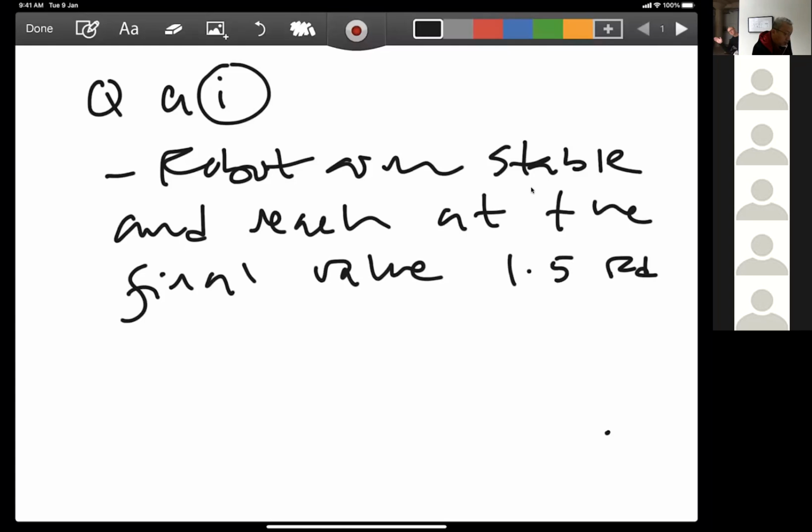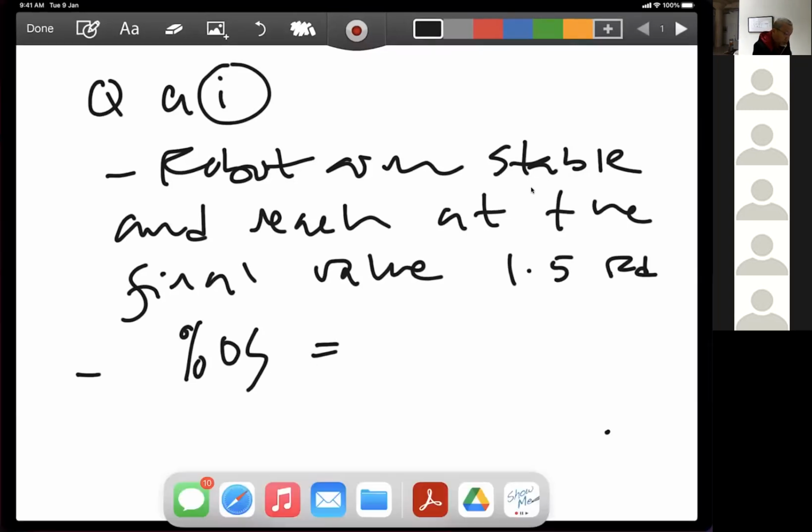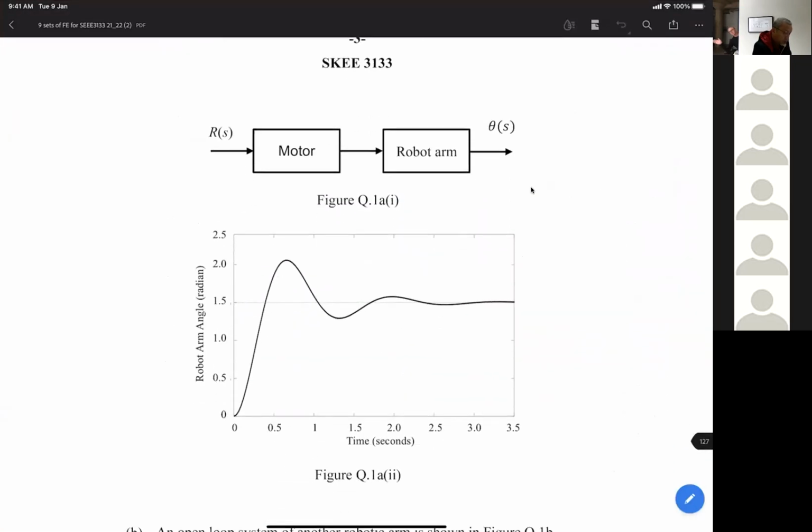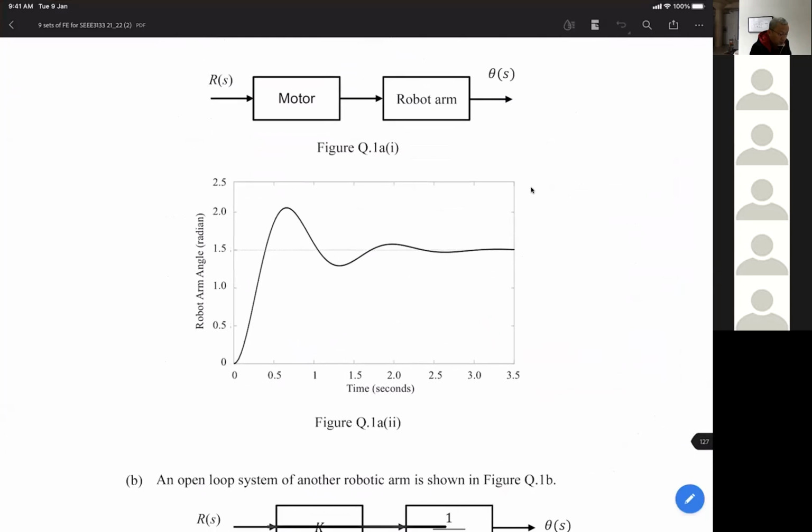And then in terms of the transient, what is the comment in terms of the transient? Overshoot, am I right? Overshoot there, how many percent? So if you look at the response, maximum 2, right?